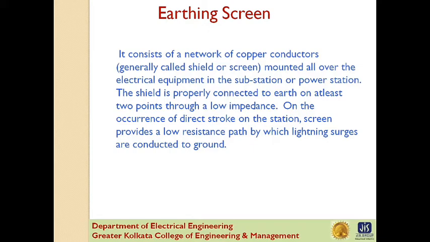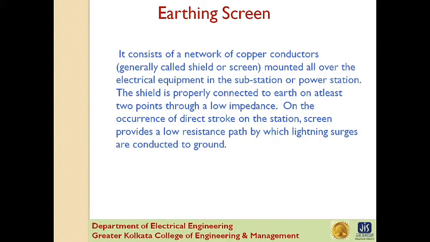It consists of a separate copper conductor, generally called a shield or screen, mounted all over the electrical equipment in the substation or power station. The shield is properly connected to earth at at least 2 points through a low impedance.